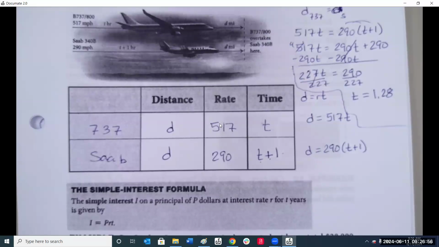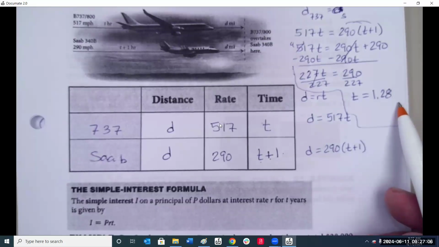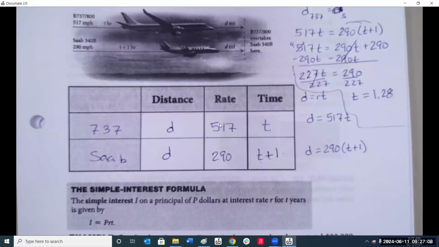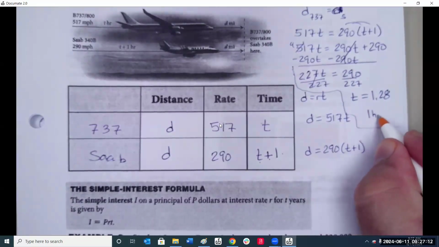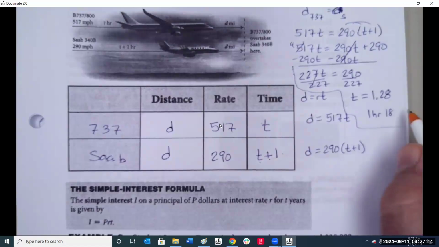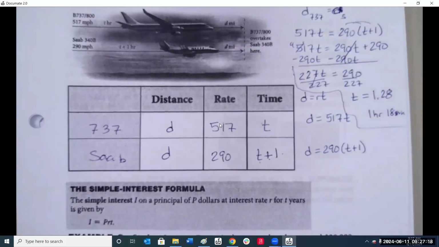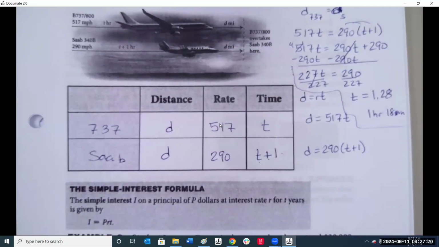Half an hour is 30 minutes, so 10% of an hour is 6 minutes. Just divide by 10. So 30% would be 18 minutes. So it would be 1 hour, 18 minutes. So after 1 hour and 18 minutes, the airplanes would overtake each other.